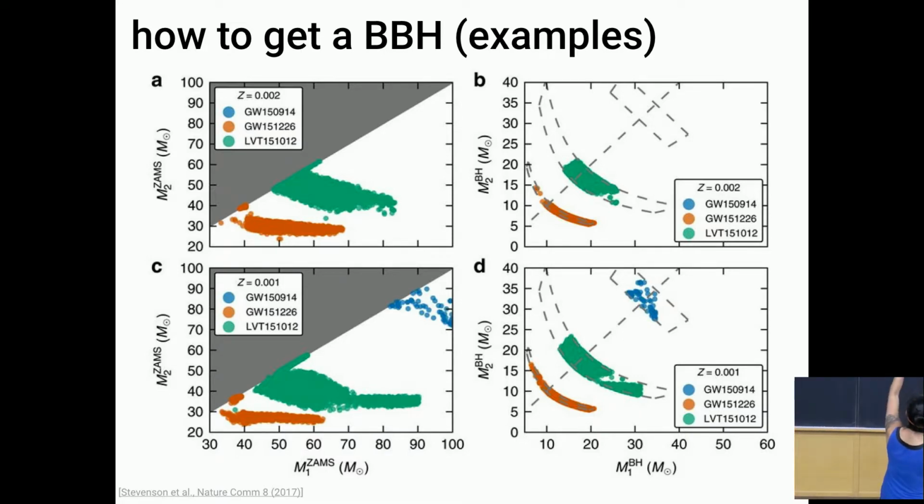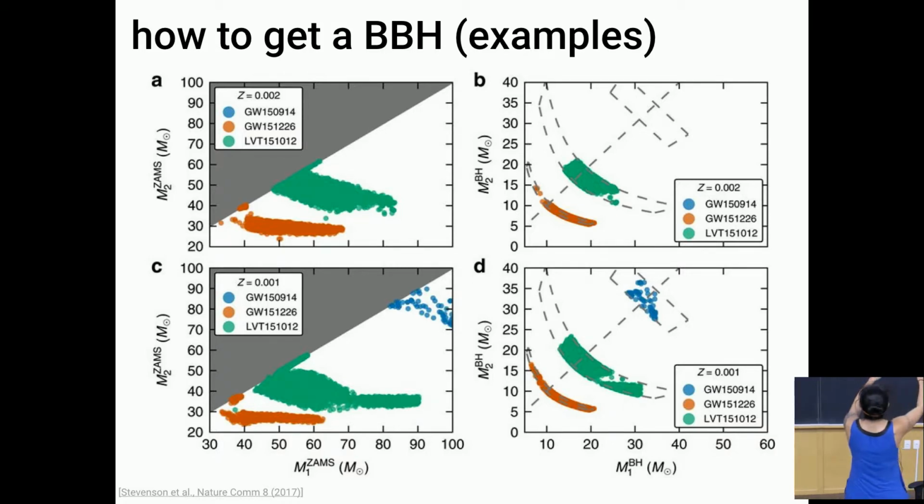On the vertical axis, you have the mass of the secondary. And this contour with the orange just says that based on all the waveform modeling and the systems that best fit the data, the initial masses of the black holes must be somewhere along this line, or in this region. And similarly with the green and similarly with the blue. So these are just the three different events.